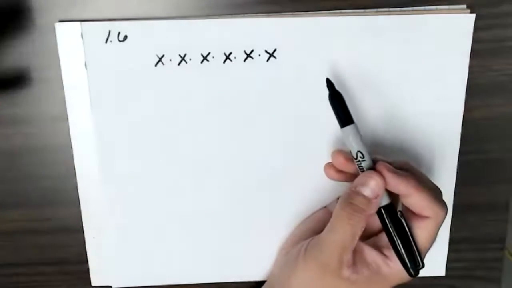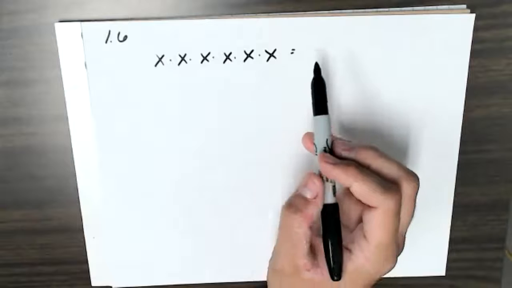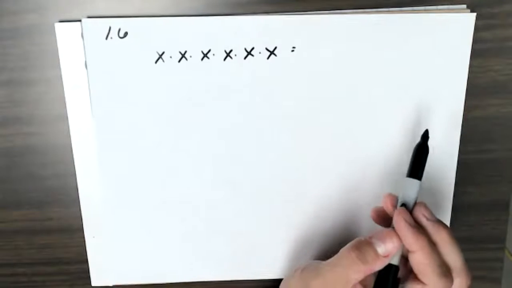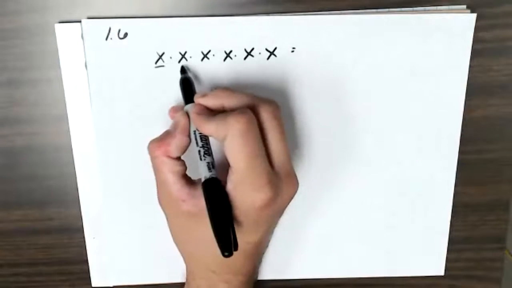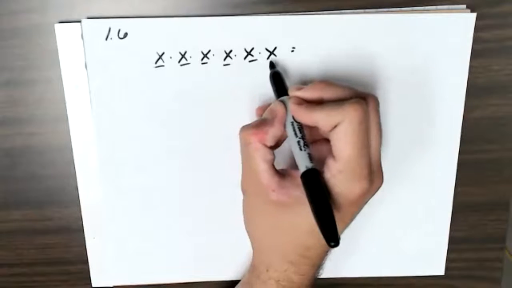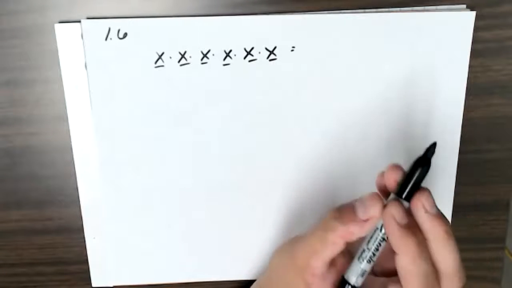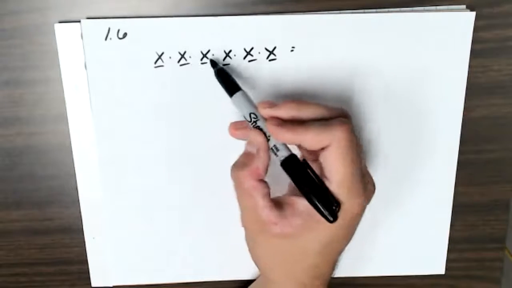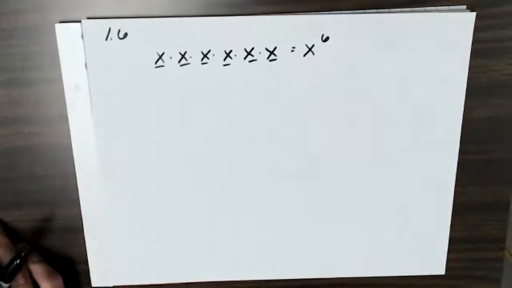I don't want to write that all out. That takes up a lot of paper. Paper is expensive because it's a long time ago. Let's write this in a more efficient way. And they said, well, since it's all multiplied and it's all the same thing, let's just use the upper script. 1, 2, 3, 4, 5, 6. We've got 6 of these, so therefore it's just x to the 6.